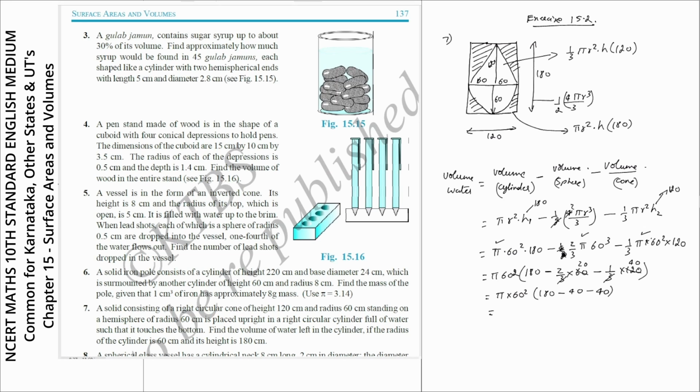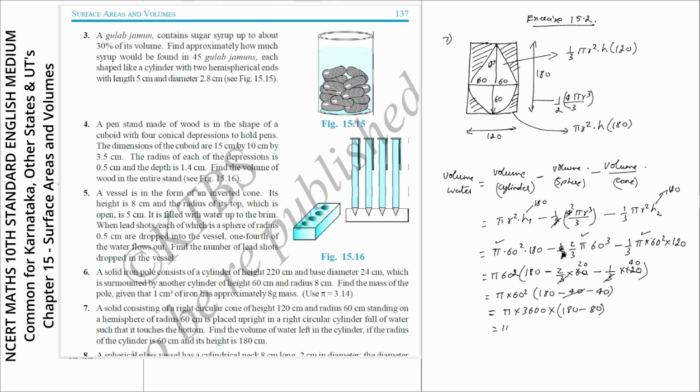Now here it is pi into 60 into 60, 6 6s are 36, 3600 will come because 60 into 60, 2 zeros will come there, then into 180 minus 40 minus 40 is minus 80.